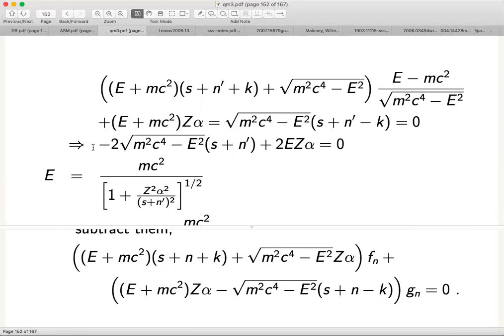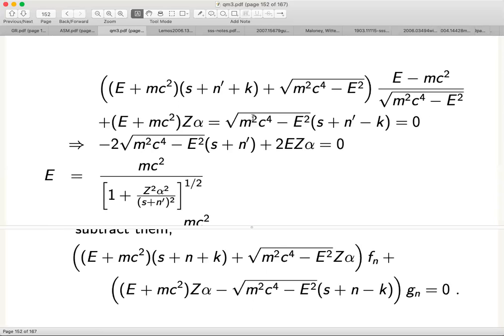For some weird reason it is not keeping space between these two things, but you can check this. All I'm doing is substituting fn prime to be E minus mc squared upon that square root times gn prime, but gn prime is not equal to 0, so whatever is the remaining piece, this should have been a minus sign. Disaster. It should be equal to 0.